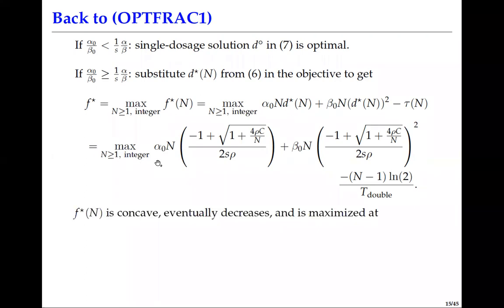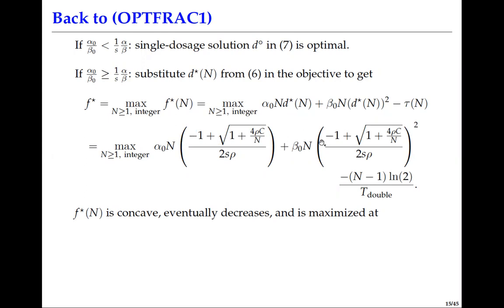It turns out that this function of n is actually concave, and it eventually decreases. You can see that this term has an n here and a square root n here. This term has an n here, a square root n here, but there is a square here, and this has an n minus 1 here. So eventually this negative term in n overwhelms these positive terms, and the other terms in n that show up over here.